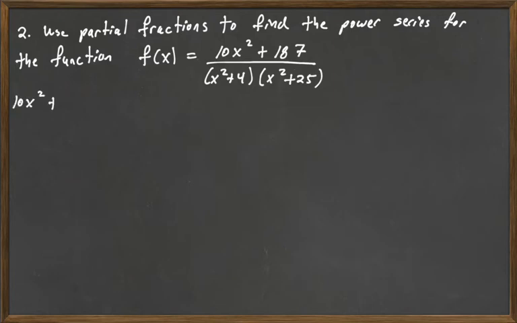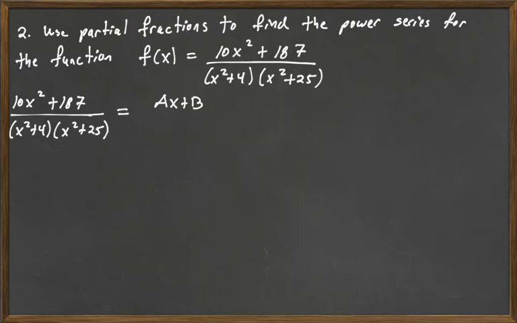So when we perform our partial fraction decomposition, 10x squared plus 187 over x squared plus 4 and x squared plus 25 is going to be equal to, so we need the numerator to be 1 degree less than the denominator, so this is going to be ax plus b over the denominator of x squared plus 4, and similarly for the second fraction, cx plus d over x squared plus 25.